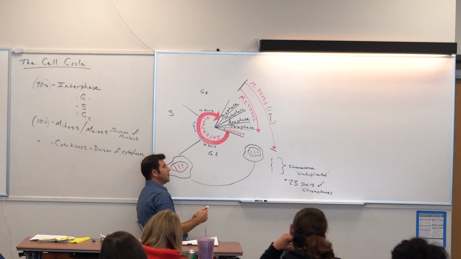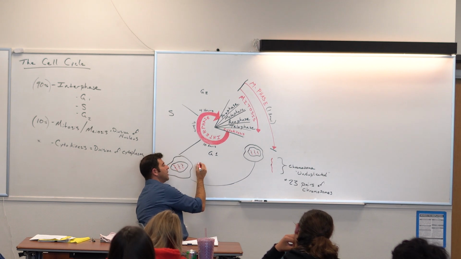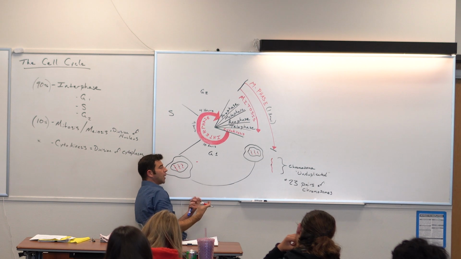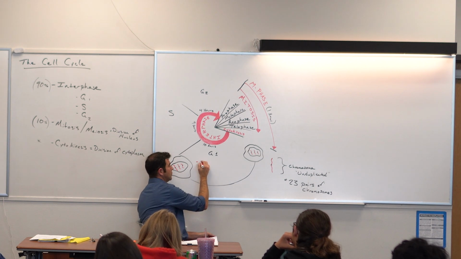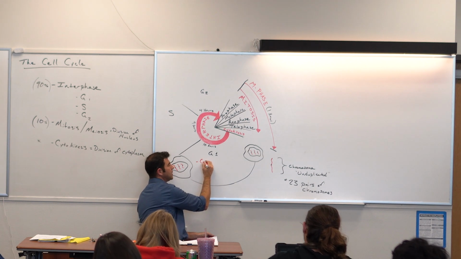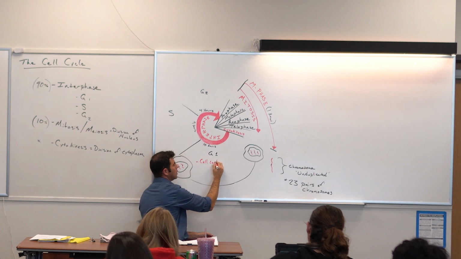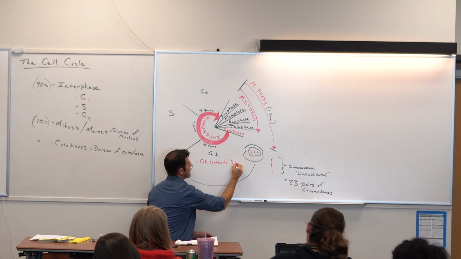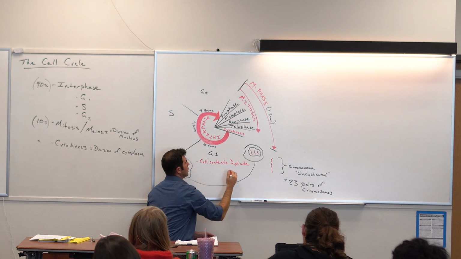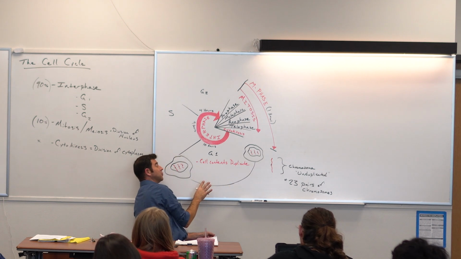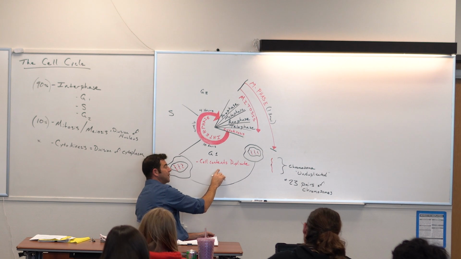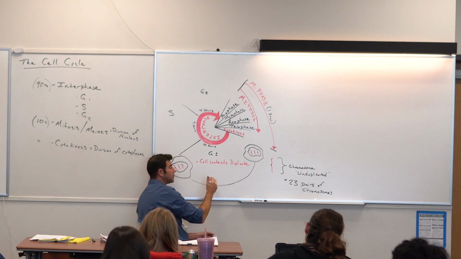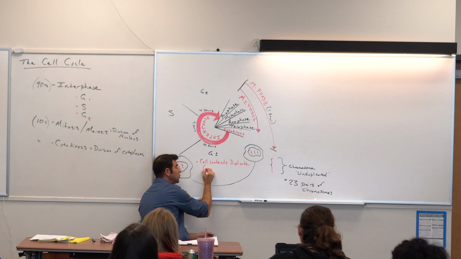The things that happen here in the G1 phase, the contents of the cell are going to duplicate. So I'll say cell contents duplicate. But I have a little caveat with that. The cell contents duplicate. This includes things like the organelles, but it is going to exclude the DNA.